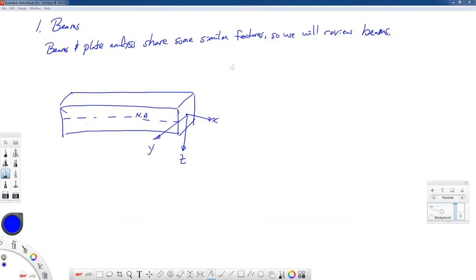So we will follow the Euler-Bernoulli restrictions. And basically, so as I mentioned, pure bending. We're going to have a prismatic beam or a constant cross section.